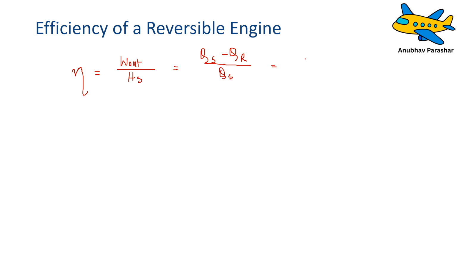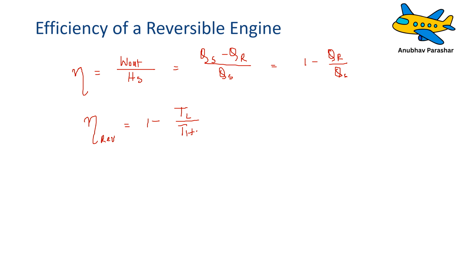So this is equal to 1 minus heat rejected by heat supplied. Now we have already seen that the ratio of heat rejected by heat supplied can be written as T lower divided by T higher, so efficiency is 1 minus T lower divided by T higher.